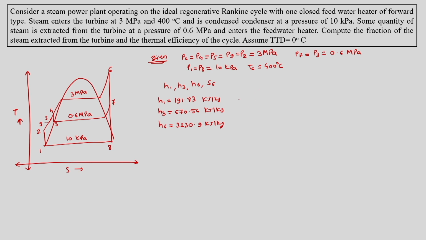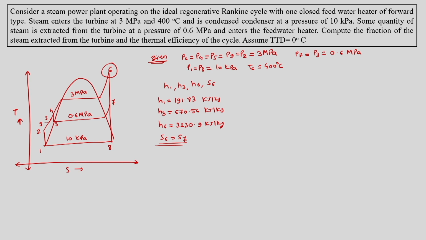We can write down S6, the entropy at station 6, and to find state 7 we know S6 is equal to S7. From this constraint we look up S6 in the steam table at state 6, corresponding to 3 megapascal, which happens to be in the superheated zone.